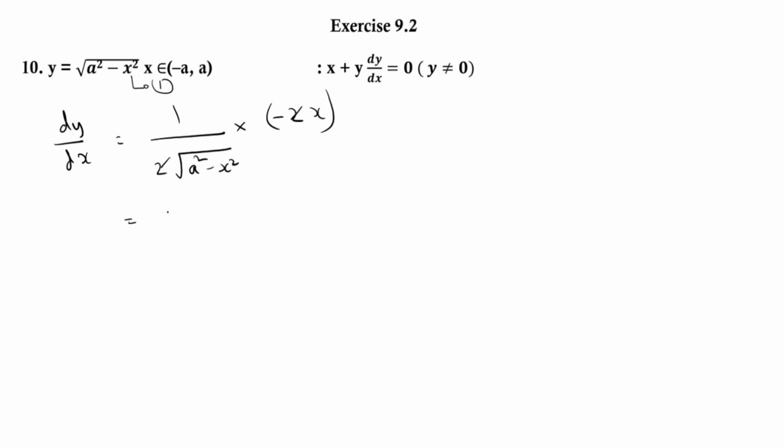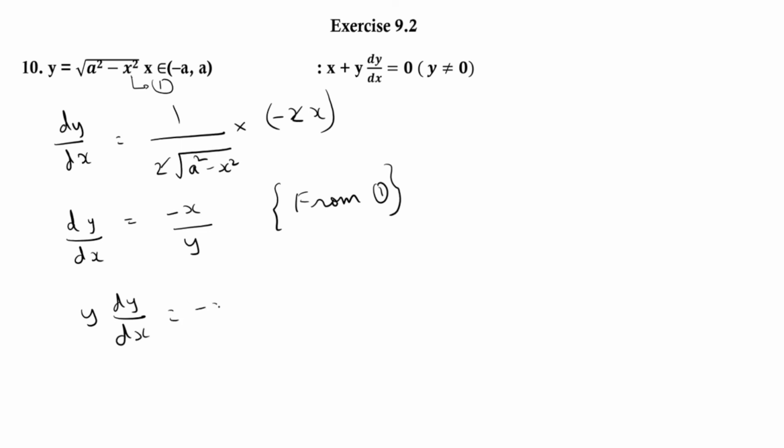So this is equal to minus x by y. So let me take y to the other side. We get y dy by dx is equal to minus x, or we have x plus y dy by dx is equal to 0. Therefore, it is a solution.